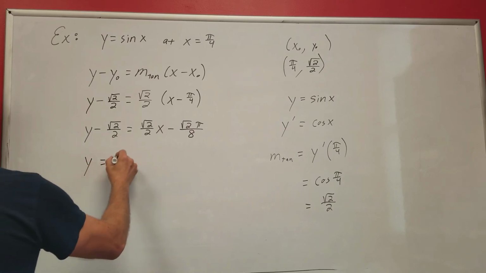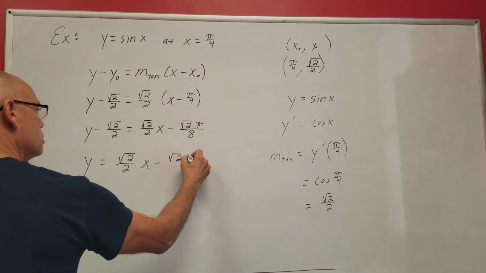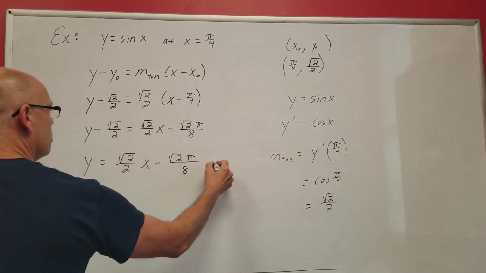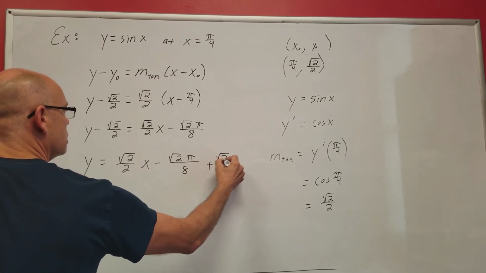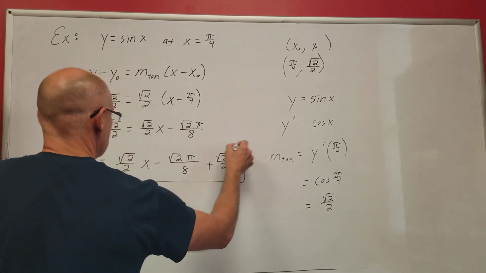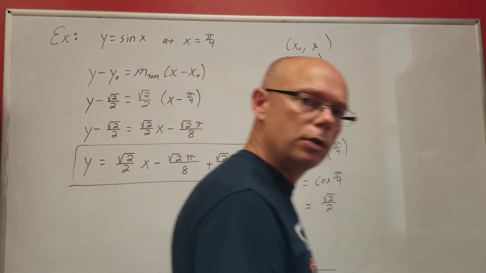So we have y is equal to square root of 2 over 2 x minus square root of 2 pi over 8 plus the square root of 2 over 2, and I'm guessing Wiley will take it like this. There we go. The equation of the tangent line. Just working with trig values. So what do you need to do? You need to memorize your derivatives of trig functions.